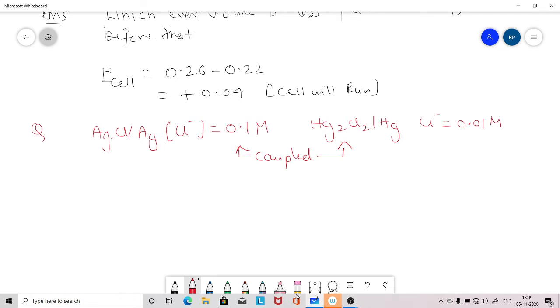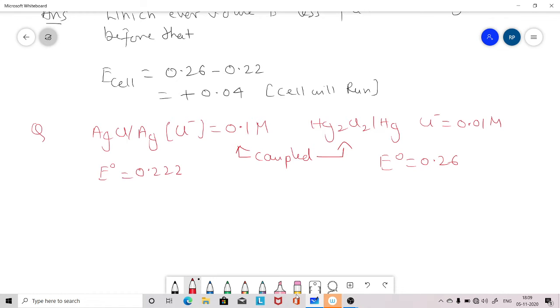Now what is the electrode potential? The E naught values will remain the same: E naught for this is 0.222, and E naught for this is 0.26.